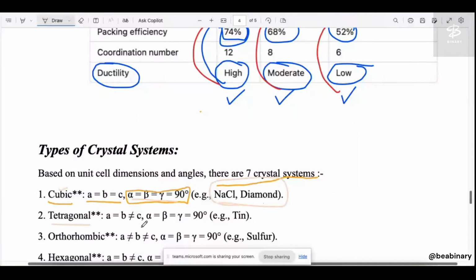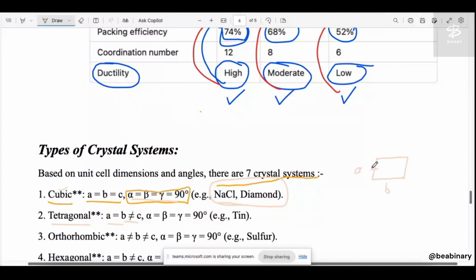What is the relation of A, B, C? A would be equal to B, but B would not be equal to C. Suppose this is your A and this is your B. Both are equal.